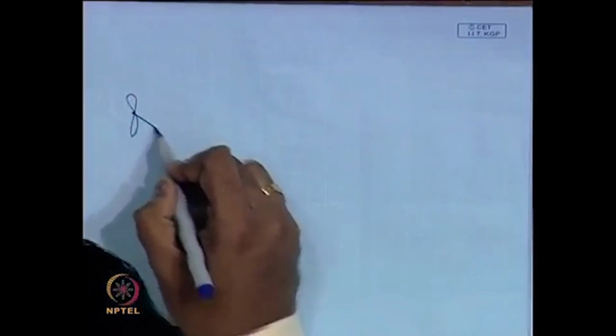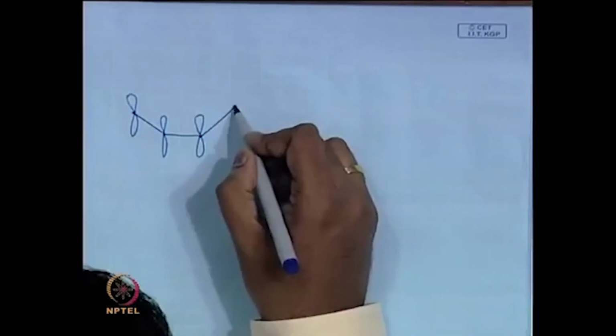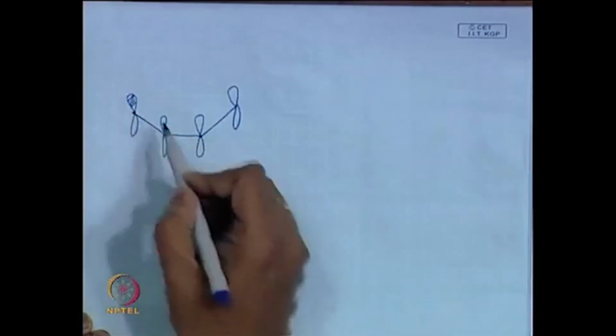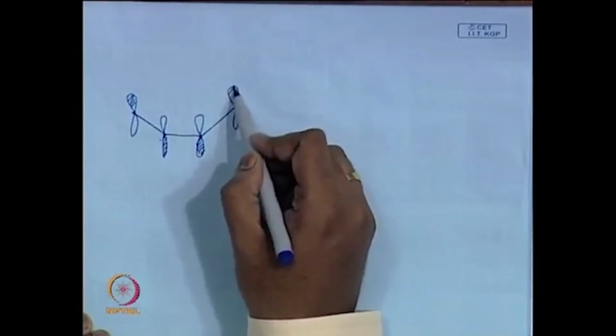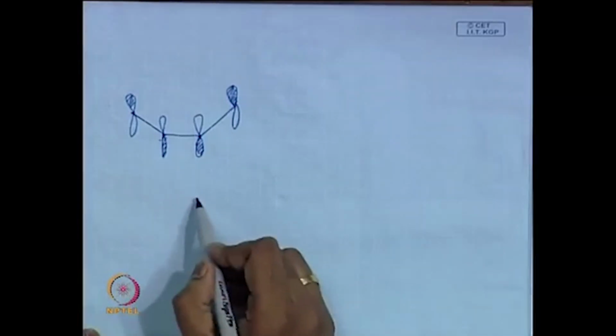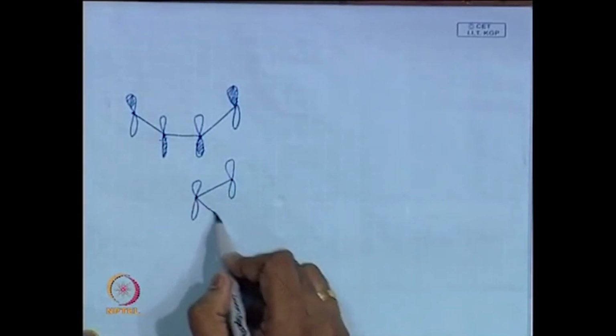So, for example, I have a system like this, just to correlate with your Diels-Alder. Right, I can have a system like this. Now, I am just trying to draw my 1,3 dipole, okay.